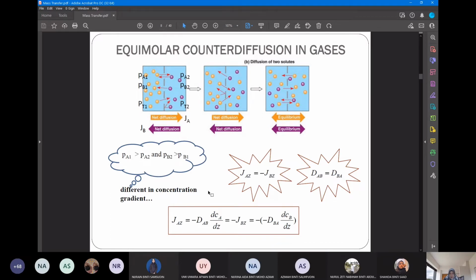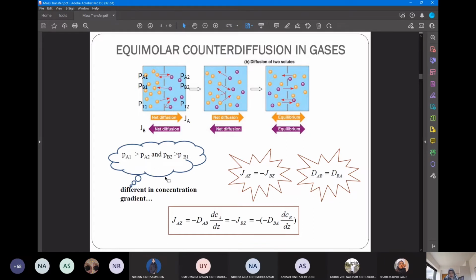Because they are derived from the original Fick's law, you can also represent the concept of concentration gradient in terms of partial pressure, where the partial pressure at location 1 for component A is greater than the partial pressure at location 2 for component A. This is how you describe it.